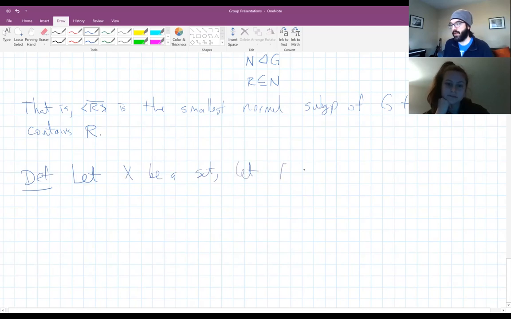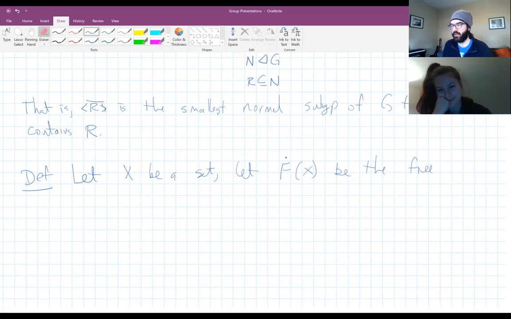Let F of X be the free group generated by the set X. You know what free groups are? We just talked about free groups.